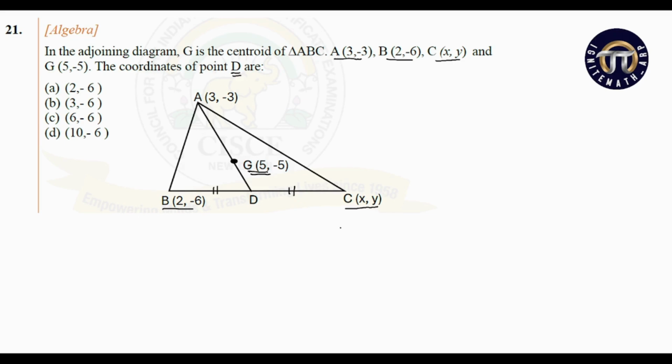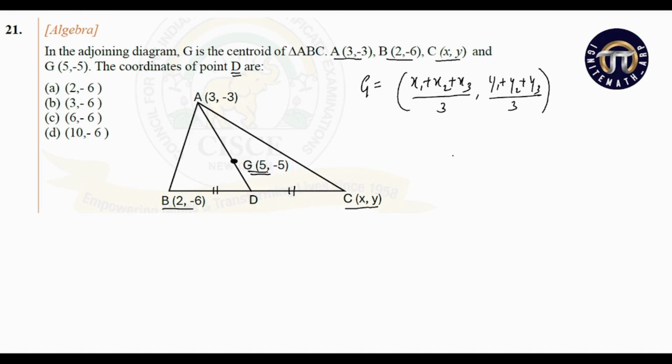Clear children? Okay. So now I use the centroid formula, that is G is equal to, you know the formula, x1 plus x2 plus x3 by 3 and y1 plus y2 plus y3 by 3. This is the formula which we use to find the centroid of a triangle.